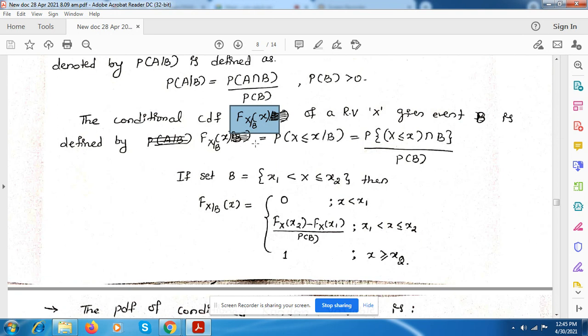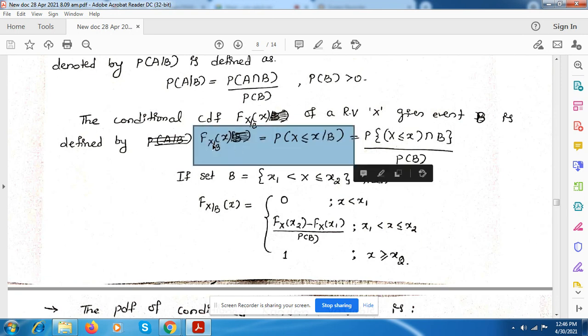The formula for Fx of x is probability X less than or equal to x. This was the formula earlier, but here the condition B is included. So we will write it as Fx given B of x is equal to probability of X less than or equal to x given B. Here this condition is included.